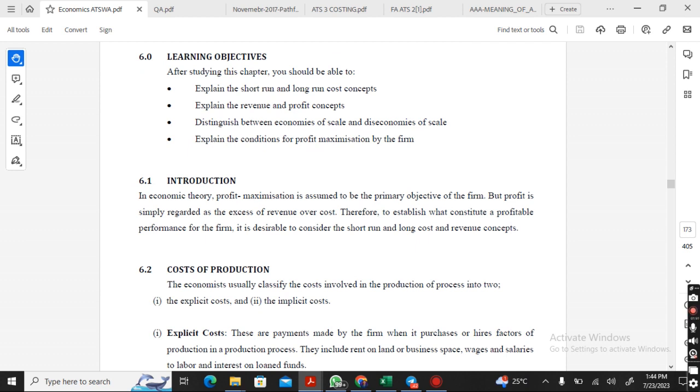Now, profit maximization is assumed to be the primary objective of any firm. Profit is the excess of revenue over cost. That is, you make sales of 1 million naira and you spend 900,000 naira on the production of something. The costs you have incurred, you remove everything, your salary, everything, so you spent 900,000 naira.